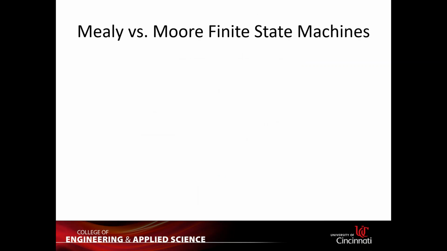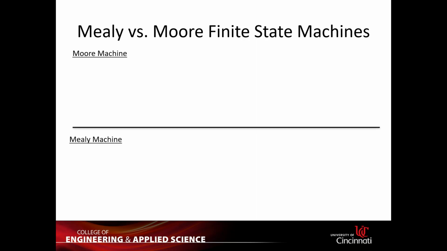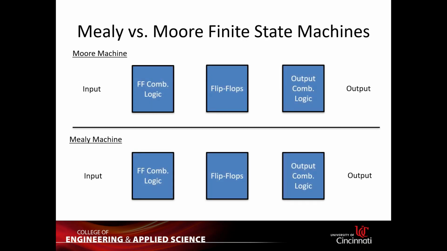Okay, so now we learn about Mealy machines and Moore machines, finite state machines. What's the difference between the two? We learned that a state machine or sequential circuit can have an input, it has some internal state coming from the flip-flops, and it will have the output.